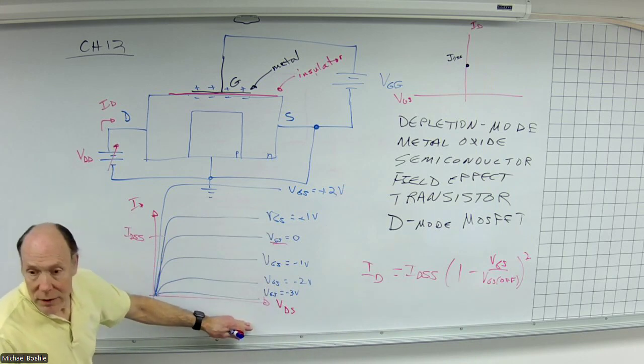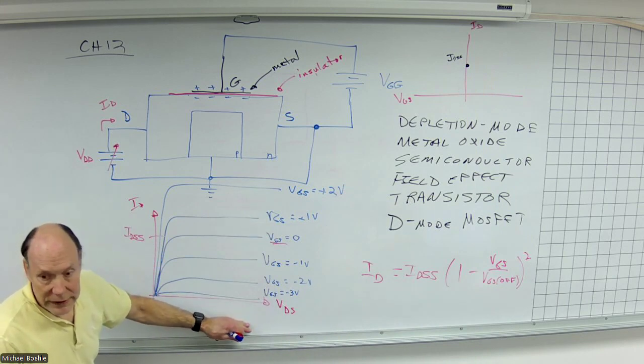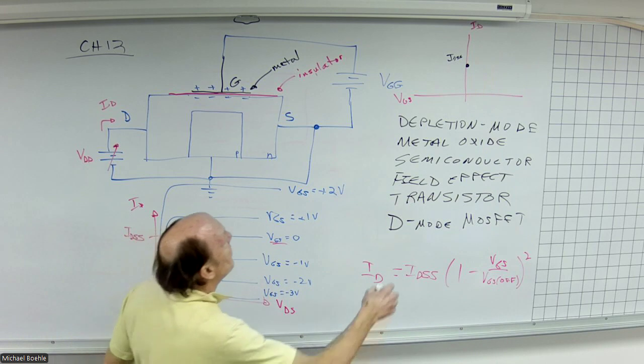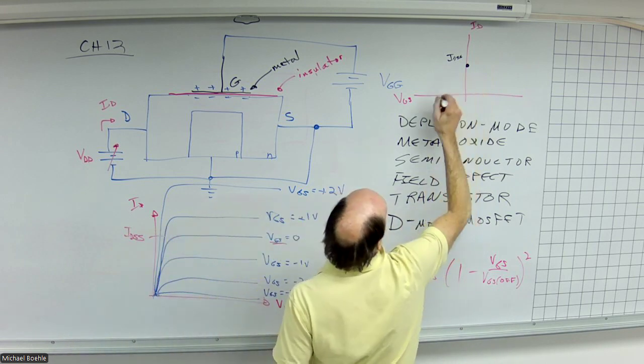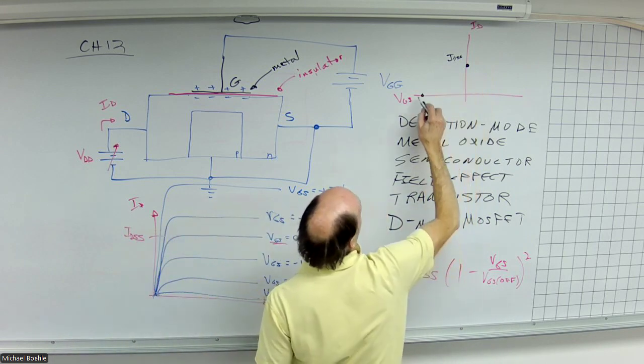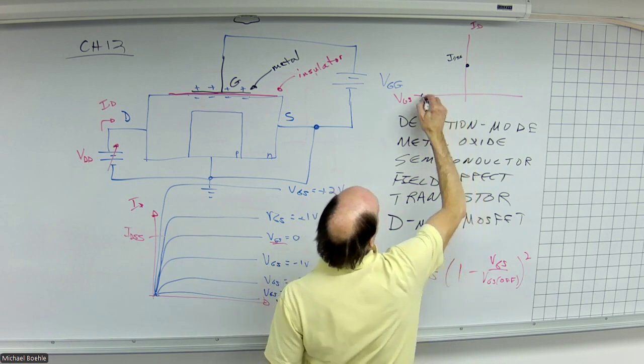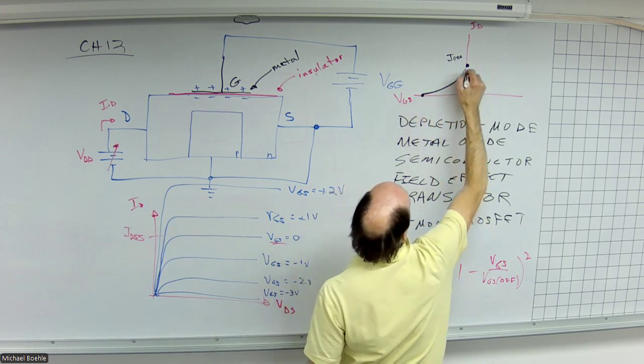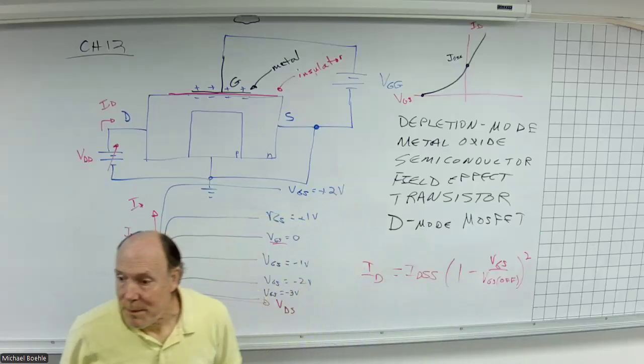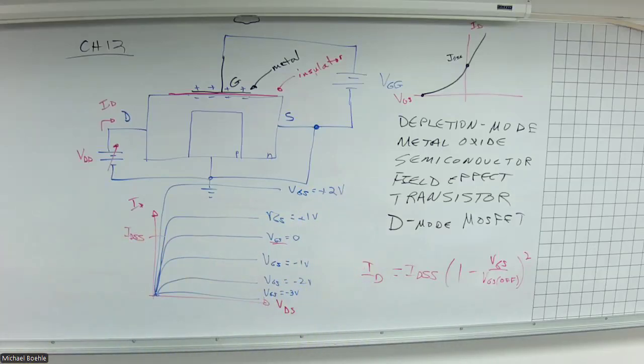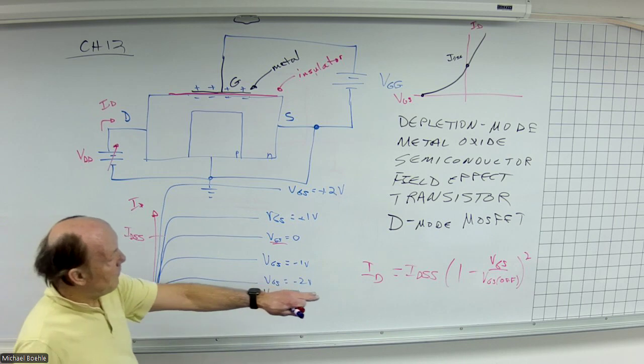When I get enough negative here, the gate source voltage is low enough, I end up at cutoff. The difference is that curve keeps going.